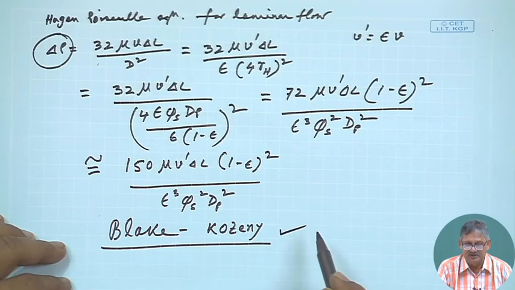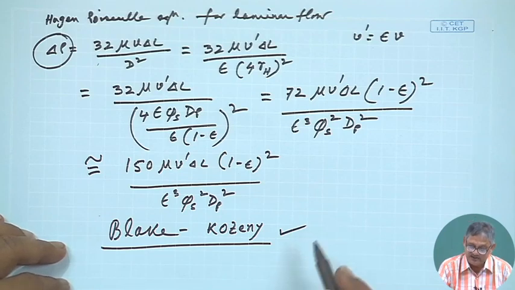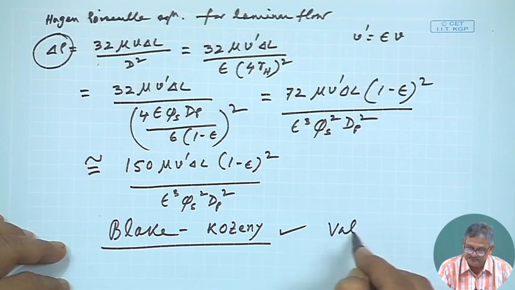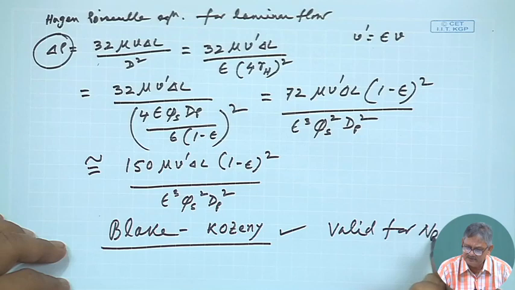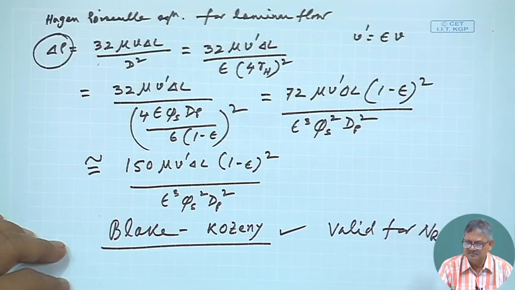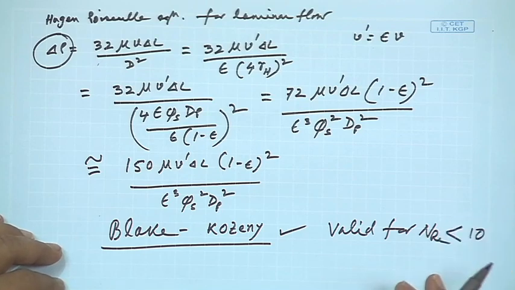This we call the Blake-Kozeny equation, right. And this is valid for NRE less than 10.